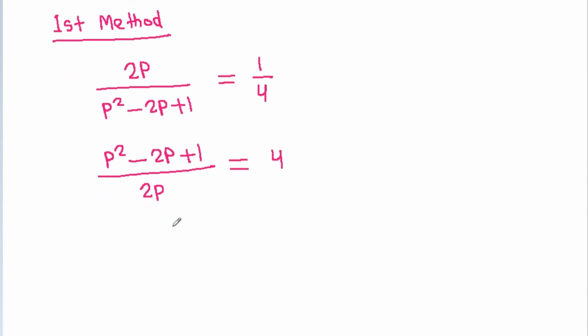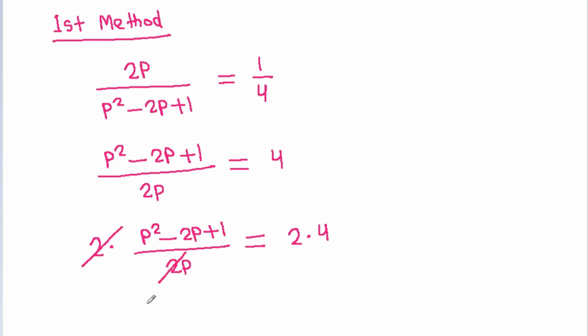And if we multiply both sides with 2, then 2 times p square minus 2p plus 1 by 2p will be equal to 2 times 4. And 2 will get cancelled. So p square minus 2p plus 1 by p is equal to 8.